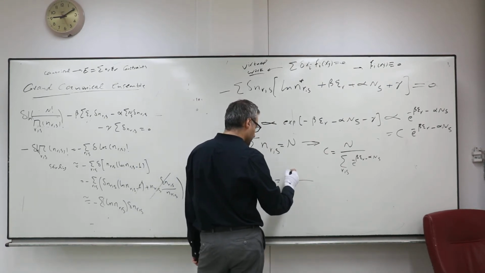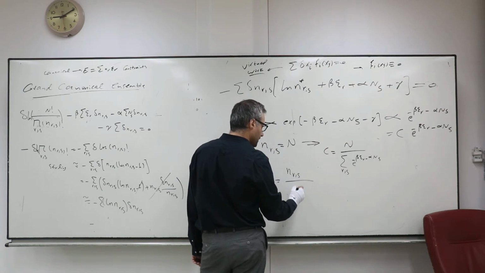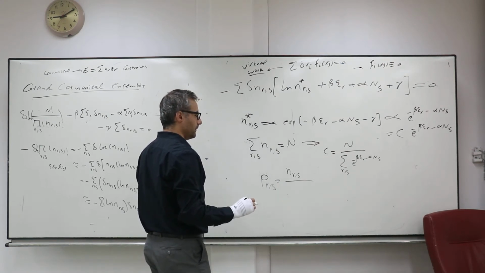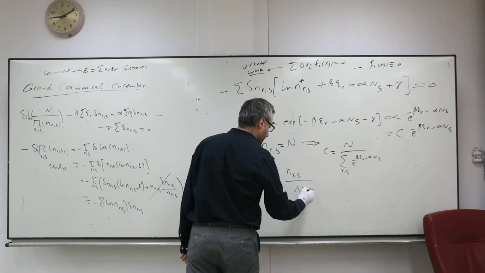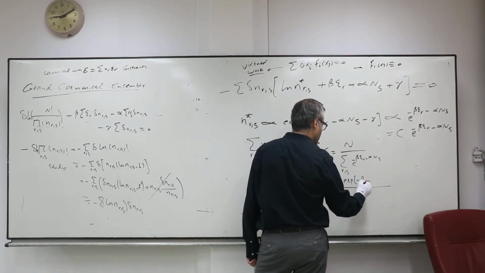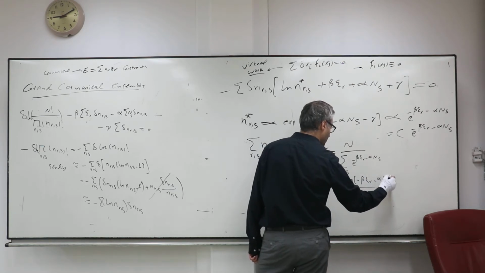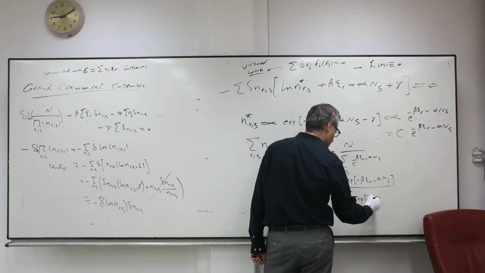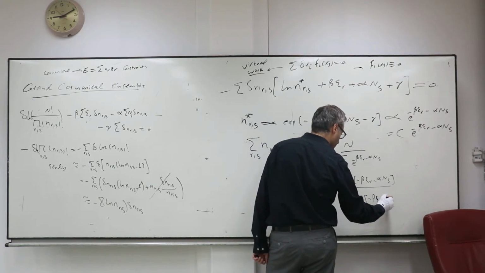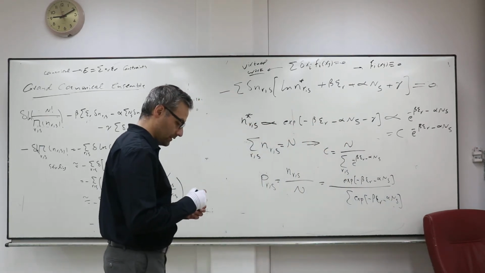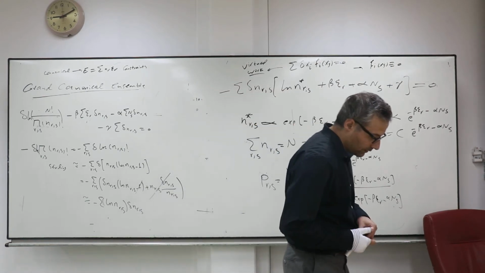So it will be n rs over n, exponential minus beta. Okay, you see the difference of this with the canonical.